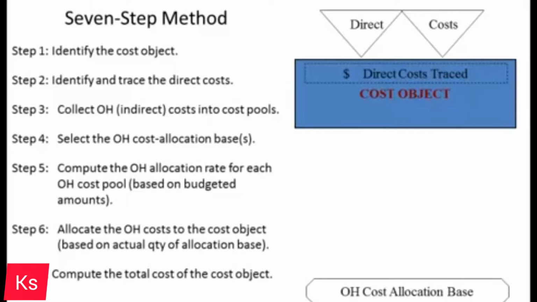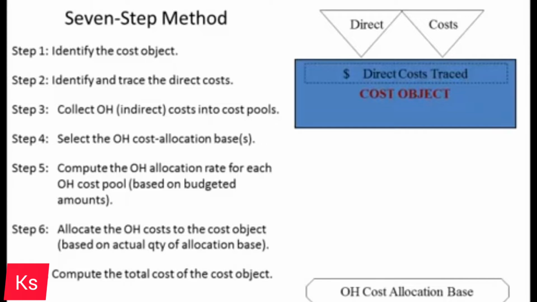So that would be choosing labor hours as the allocation base. There are a lot of different allocation bases you can use. Commonly used ones are labor hours, labor cost, materials cost, and machine hours. Those are just some of the examples of the ways in which companies allocate overhead to the different products.